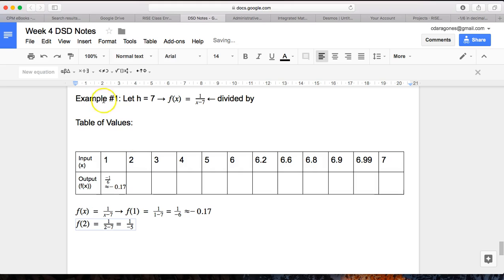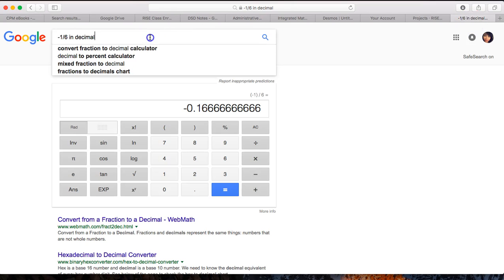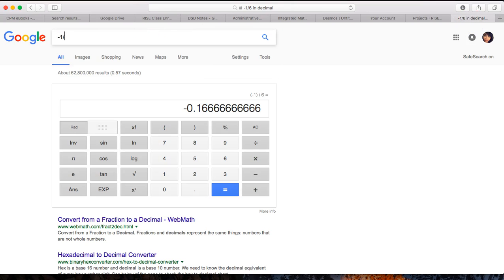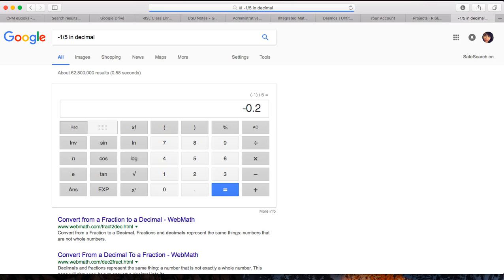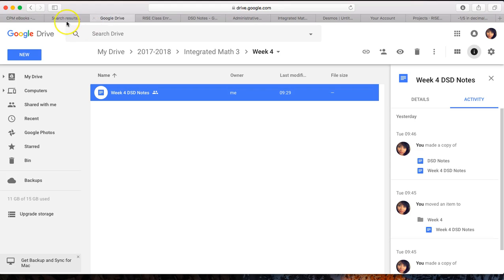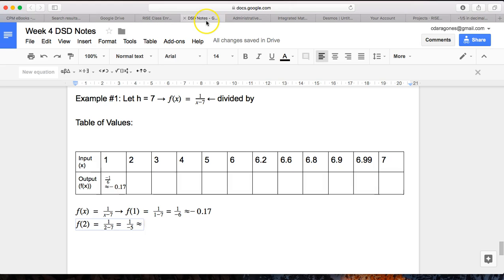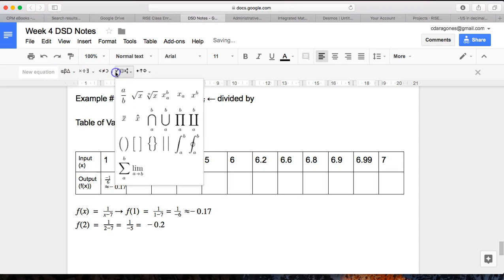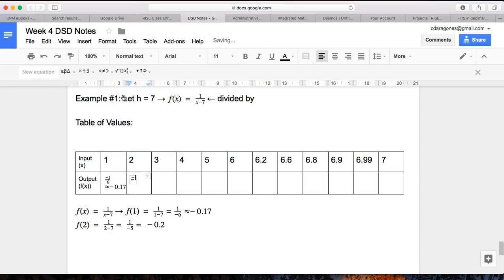So it is negative 1/5, which in decimal is negative 0.2. So I'm going to put that here in my output, negative 1/5, which is equal to negative 0.2.